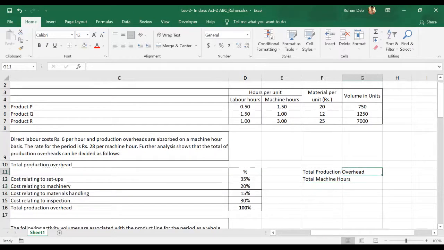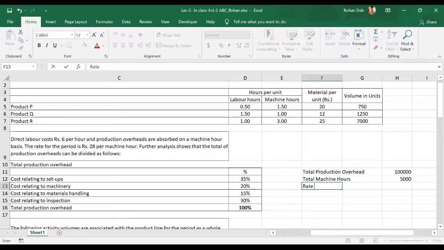And if you divide, so let's say this was 1 lakh, and machine hours was 5,000. That's how we used to get the rate per machine hour. We used to divide the production overhead by the number of machine hours, and we used to get this rate of 20.